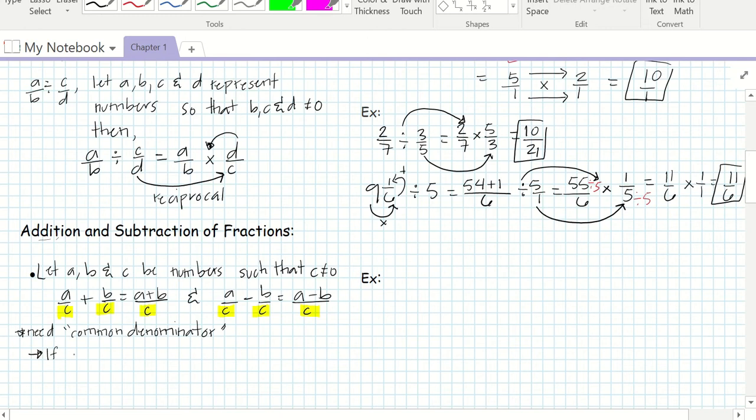So if we don't have the same denominator, then we must find the LCD. And that stands for least common denominator.